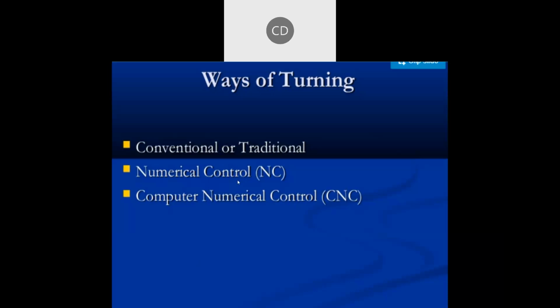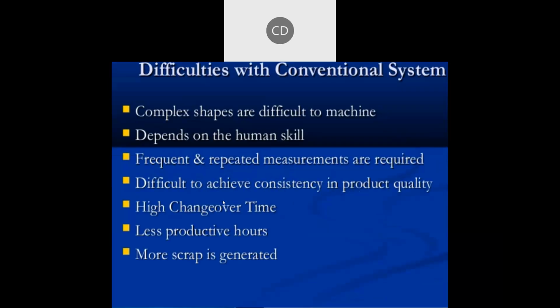But the numerical control machine was large and could not be operated easily. We used tape readers and tapes to put in the programs and carry out the operation on the numerical control machine. Another invention, computer numerical control, is compact in size, so we can easily carry out the process using the computer numerical control method. So these are the ways of machining process.